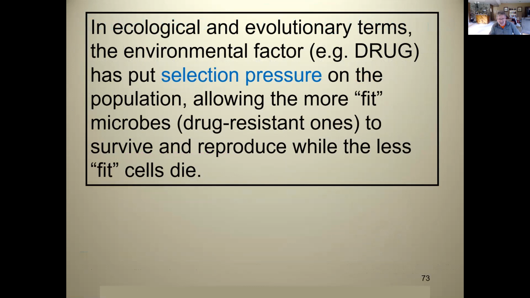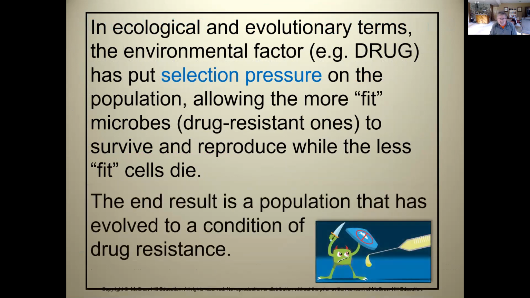The overall effect is to have more fit cells in that population as time goes on, as we continue to expose that population to that drug. And that's really the way in which drug resistance typically forms in a population over time.